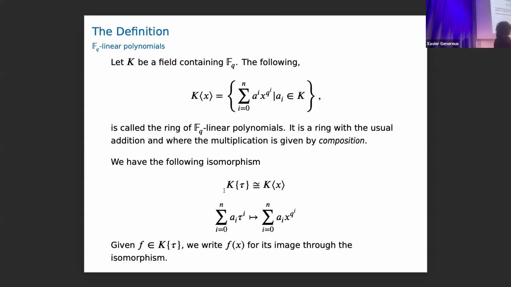This is a bijection, so for every skew polynomial, you can also see it as an F_q-linear polynomial, where in the ring of F_q-linear polynomials, importantly, the multiplication is composition. If you just multiply two linear polynomials together the normal way, you don't necessarily get a linear polynomial, but composition works. So the skew polynomial ring is a nice way to have a ring where the usual multiplication works. A bit weirdly, I'll write f of x for some f in the skew polynomials, which is the image, the equivalent F_q-linear polynomial.